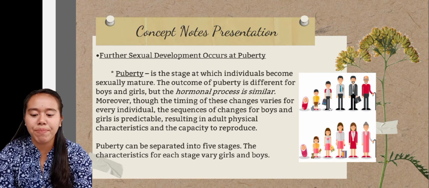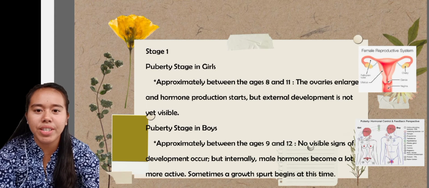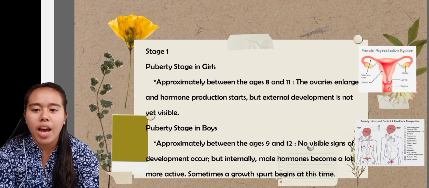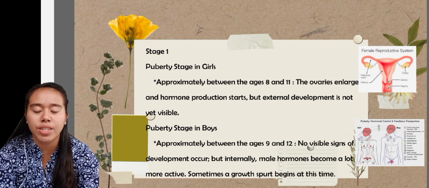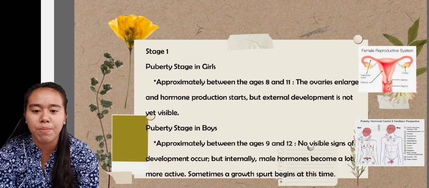Puberty can be separated into 5 stages. The characteristics for each stage vary for girls and boys. In stage 1, puberty in girls, approximately between the ages 8 and 11, the ovaries enlarge and hormone production starts, but external development is not yet visible.